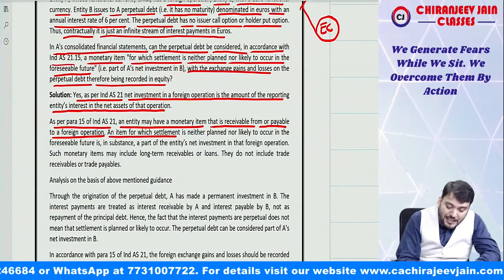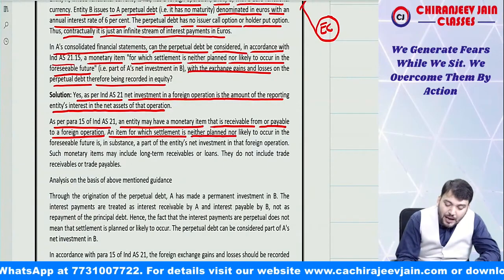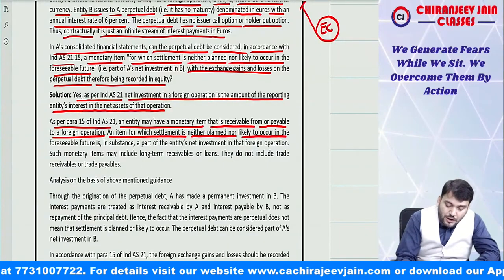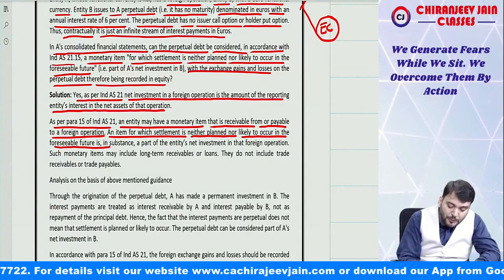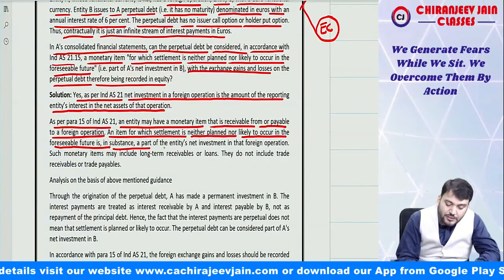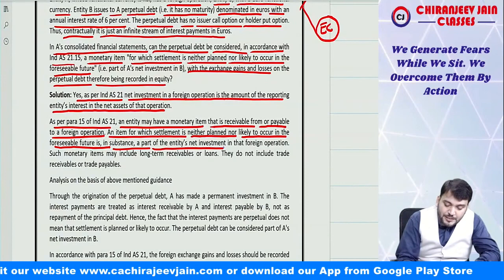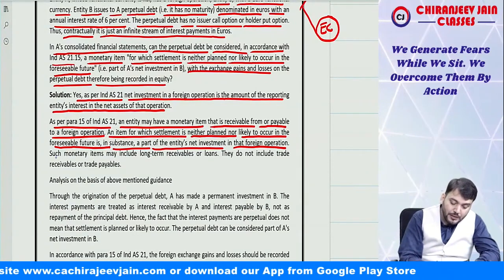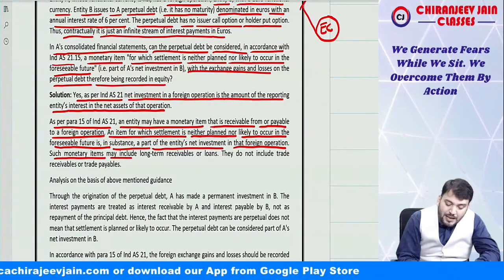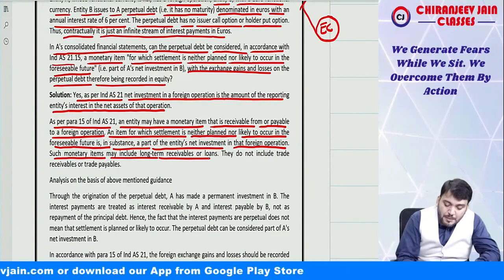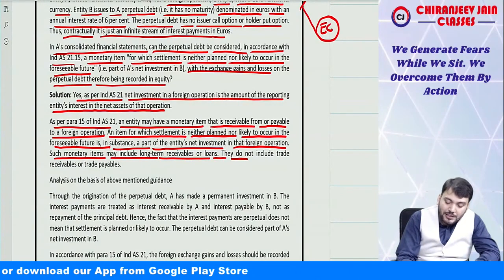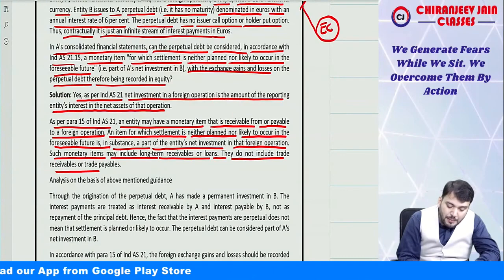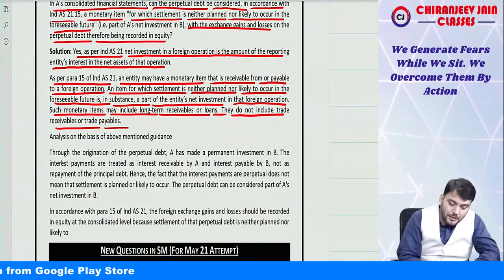An item for which settlement is neither planned nor likely to occur in the foreseeable future is in substance a part of the entity's net investment in that foreign operation. Such monetary items may include long-term receivable or loan. They do not include trade receivable or trade payable.